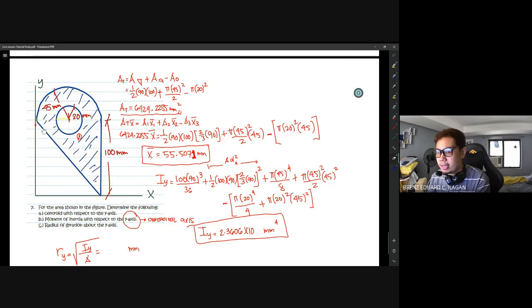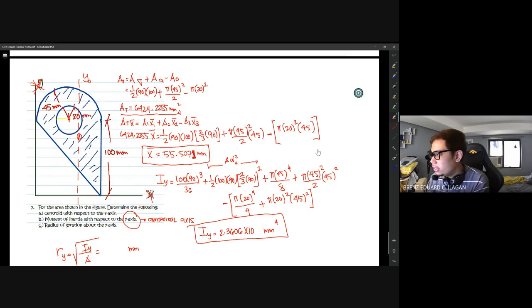So mangyayari lang guys, if with respect to sa centroidal y-axis, ganito lang yung mangyayari sa kanya. So, dyan mo kukuhanin yung moment of inertia mo. Ayan. So, yan yung magiging y sub o or yung centroidal y-axis. So, ito, x mo na yan, kalimutan mo muna yan. So, lahat ng sukat is manggagaling dito.